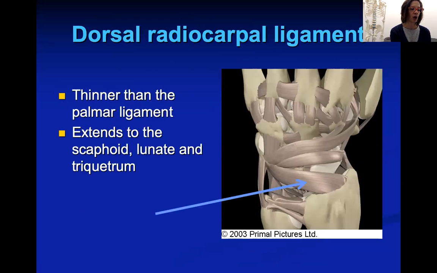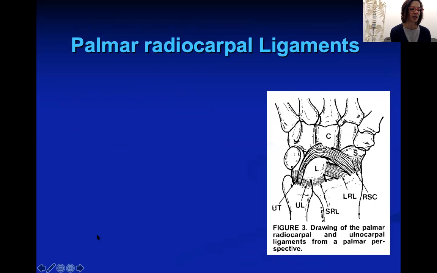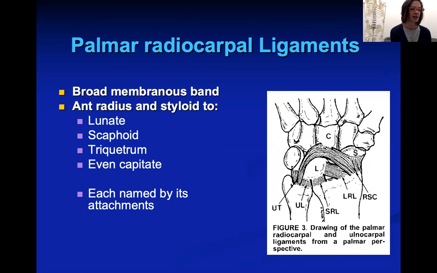The dorsal radiocarpal ligament is thinner than the palmar ligament and extends to the scaphoid, lunate, and triquetrium. And the palmar radiocarpal ligaments, it's a broad membranous band, from the anterior radius and styloid to the lunate, the scaphoid, the triquetrium, and the capitate, and each one is named by its attachments.